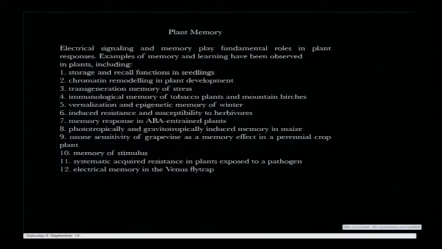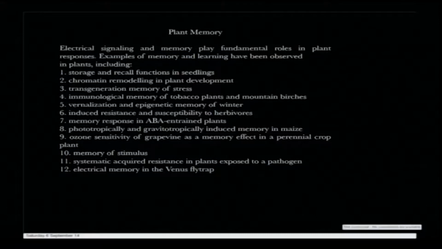Induced resistance, the sixth one, and susceptibility to herbivores. Then the seventh one, the memory response of abscisic acid entrained plants. The eighth one is the phototropically and gravitropically induced memory in maize. And the ninth one, ozone sensitivity of grapevine as a memory effect in perennial crop plants.